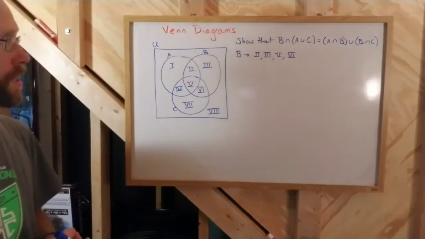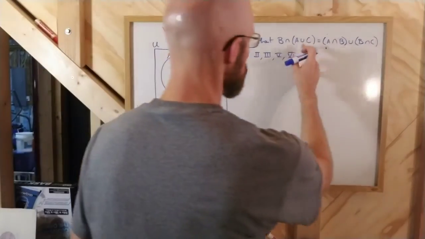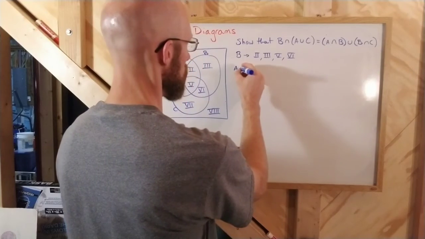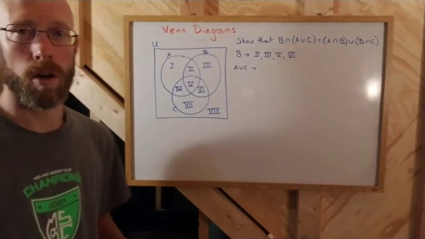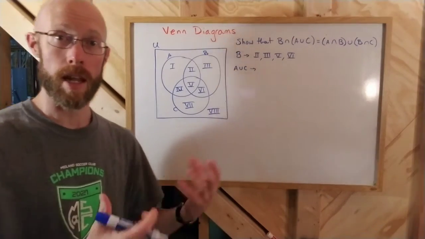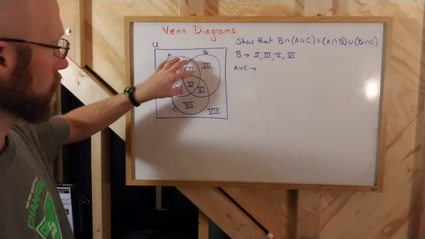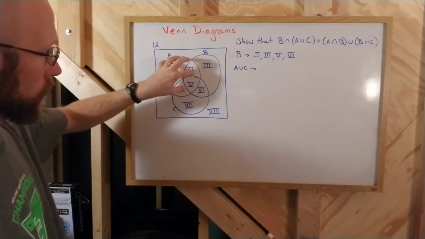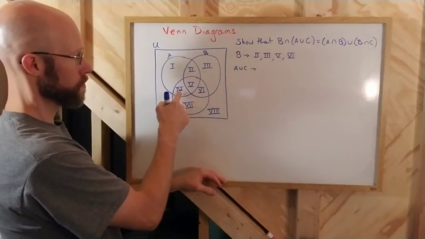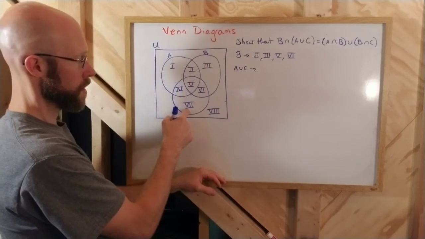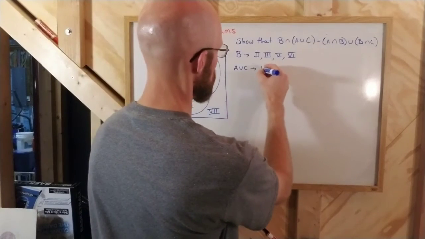Okay. Now if I look at A union C, we can determine what all regions are contained in A union C. Well, A union C is just going to be everything in A and everything in C. So it'd be 1, 2, 4, 5, and 7.